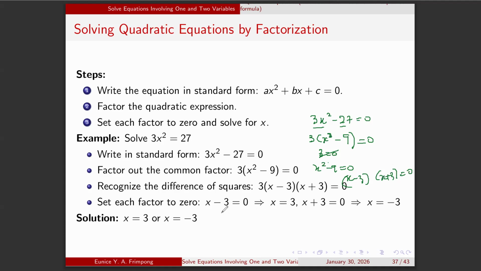If that's the case, then either x minus 3 is equal to 0 or x plus 3 is equal to 0. This implies x is equal to 3, and this implies x is equal to minus 3. So we have the solution x equals 3 or x equals minus 3.